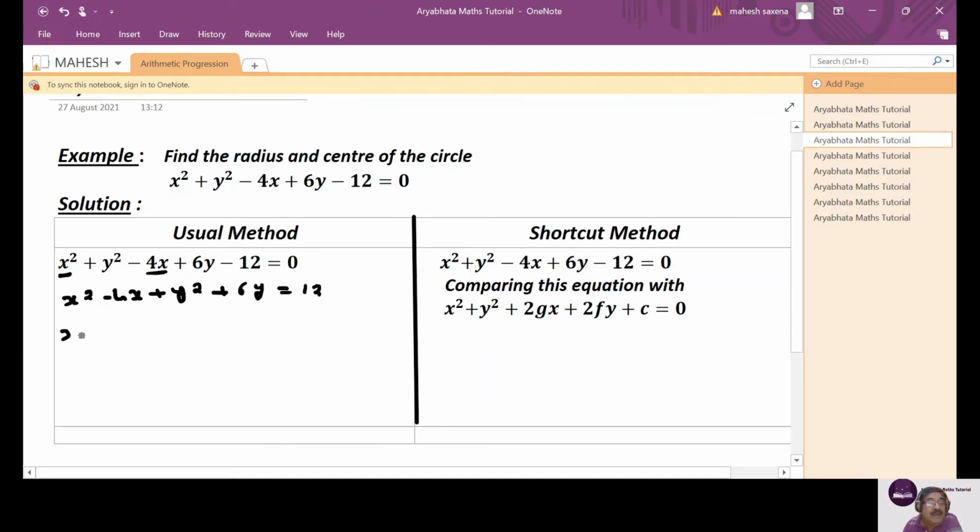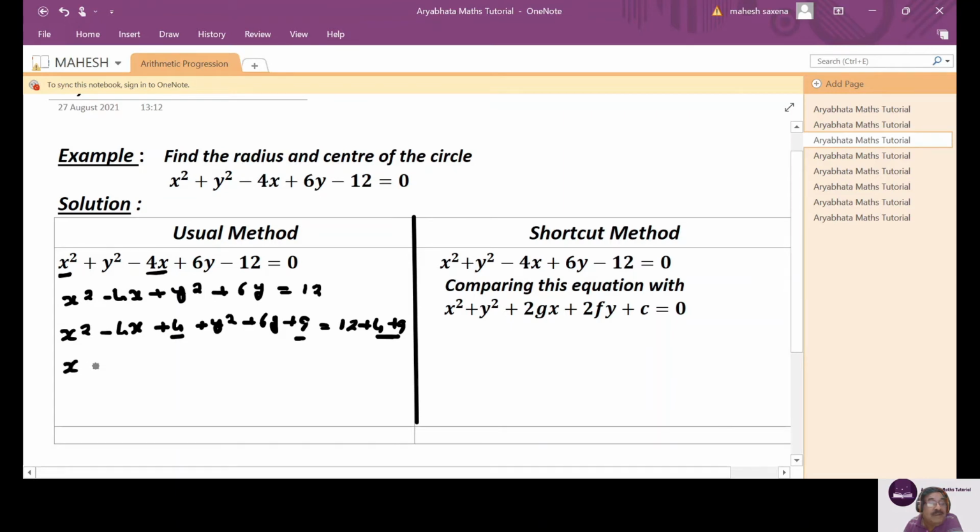Therefore, this can be written as x square minus 4x plus 4, we are adding 4 on both sides. Similarly, this can be written as y square plus 6y plus 9, we are adding 9. We are adding 4 and 9 on both sides.